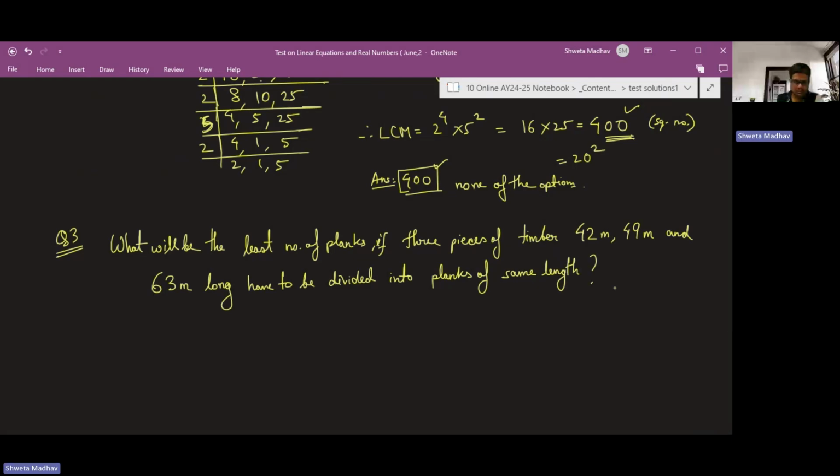So here, if we need the least number of planks, then the length of each plank should be the maximum.